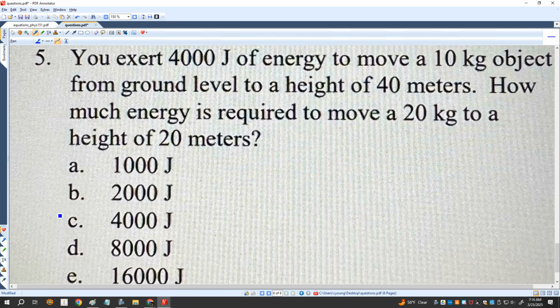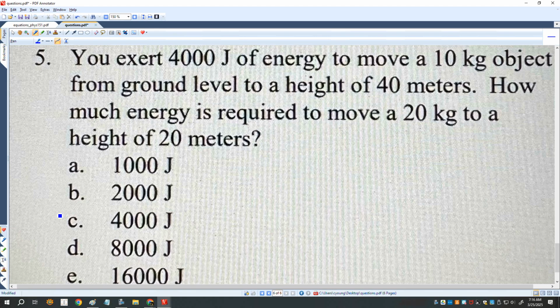You exert 4,000 joules of energy to move a 10 kilogram object from ground level to a height of 40 meters. How much energy is required to move a 20 kilogram object to a height of 20 meters? Okay, so this was kind of a difficult question.